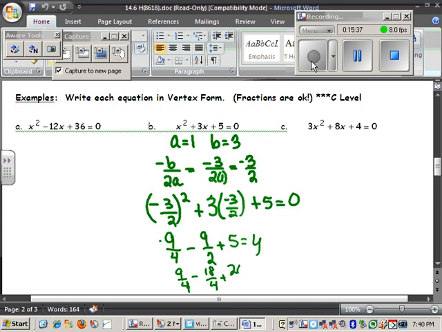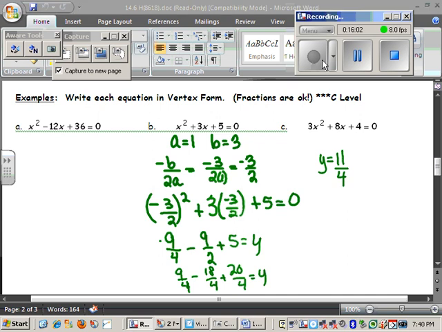So that would be 20/4. And again, that equals y. So 9/4 minus 18/4 is going to be negative 9/4. And then if I add another 20 to that, I will have 11/4. So my y is going to equal 11/4.